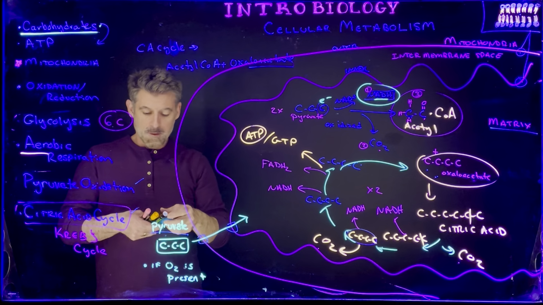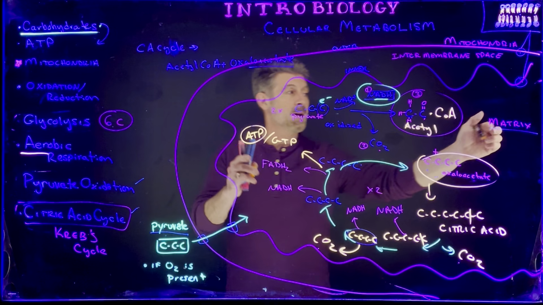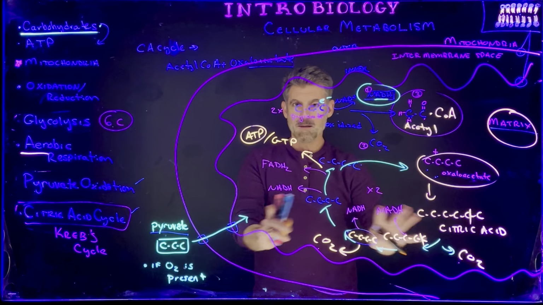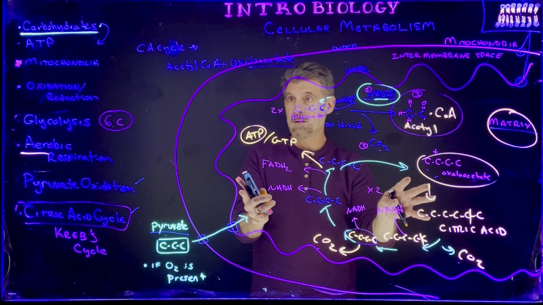All right, what comes out of the process? So what are the products? And these are all produced inside the mitochondrial matrix. So this is all happening inside the mitochondria in this large space, or for the mitochondria, it's large. So this is the space inside, the interior of the mitochondria.